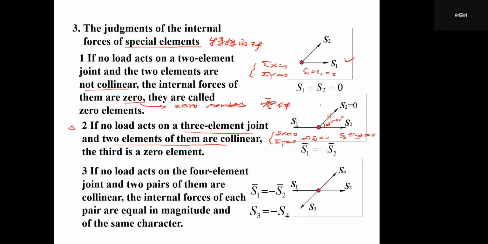So the third summary: if no load acts on a four-element joint and two pairs of them are collinear, S1 collinear with S2 and S4 collinear with S3.